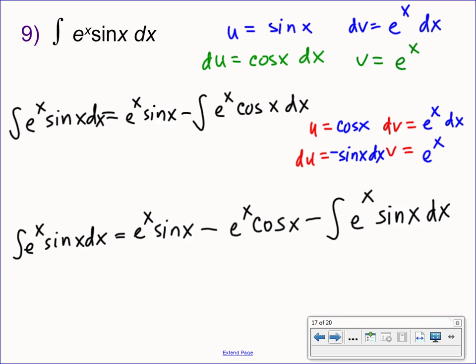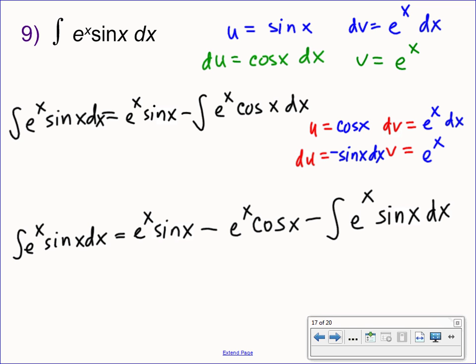Well, except that what am I looking for? I'm looking for the integral of e to the x sine of x dx. And I've generated an expression that has my integral of e to the x sine of x in it. What if I treat this as a variable like theta and solve this equation for the integral of e to the x sine of x?